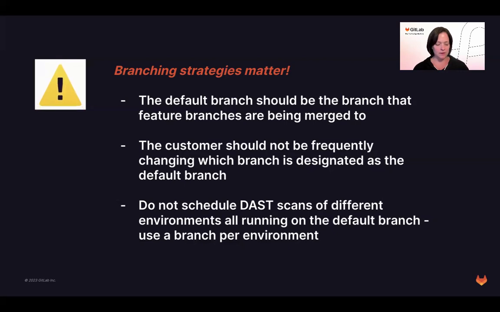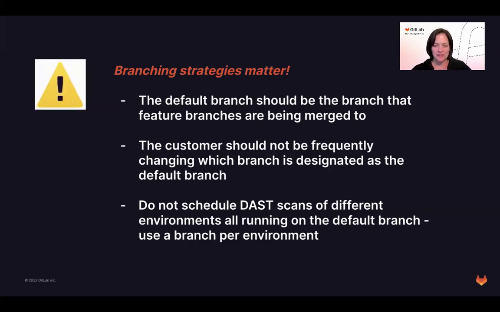In my case, what we were seeing is that the customer was running, as part of a scheduled pipeline, a scheduled DAST scan. They were running a DAST scan against a dev environment and having that reported, but it was being run as if it were against the default branch, right? So the pipeline was associated to the default branch, but it was using a specific environment that they specified for the scan.